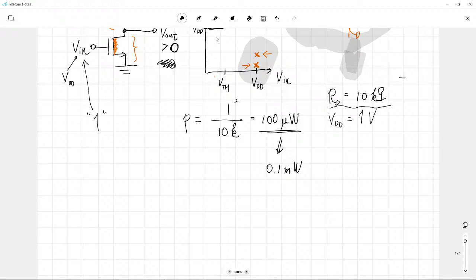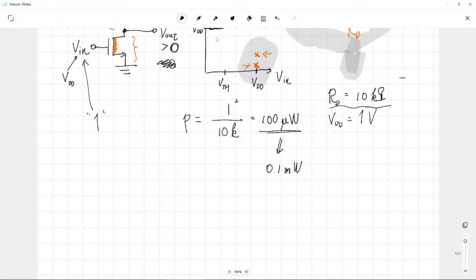Please make a comparison between your single inverter power consumption and the entire chip's power consumption. You will find that this is a really ridiculous value. We cannot live with this kind of huge power consumption.